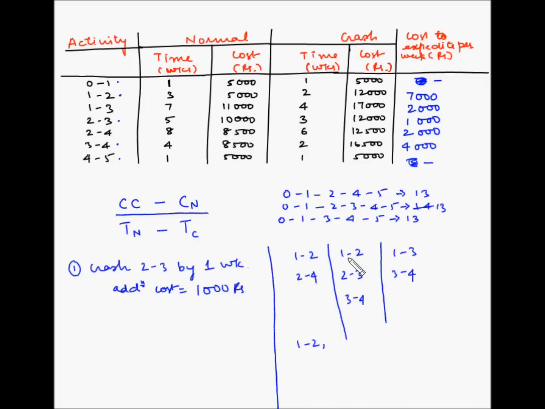Now in the second path 1 2 is there, so if we crash 1 2, both the paths have a reduced duration, so let's keep this as 1 2. And on the third path we can take 1 3, so this is the first combination. Second possible combination, again we'll do 1 2, 1 2 and then we'll go here, 3 4, so 1 2 and 3 4.